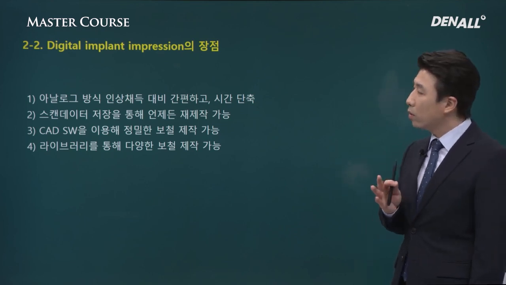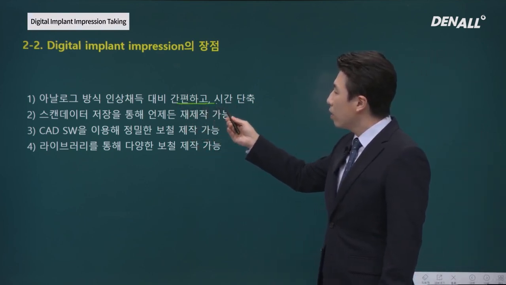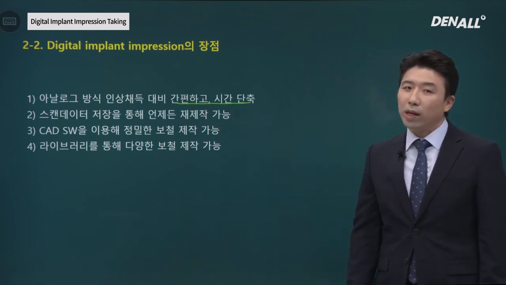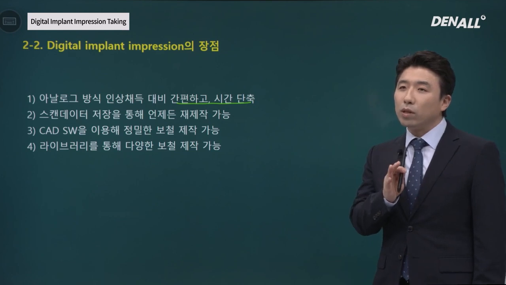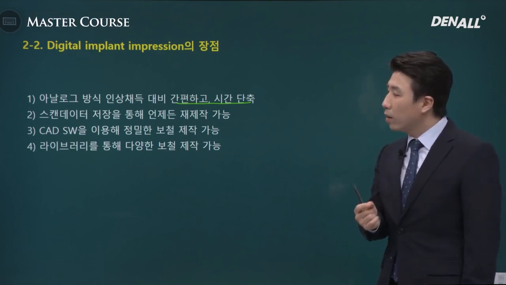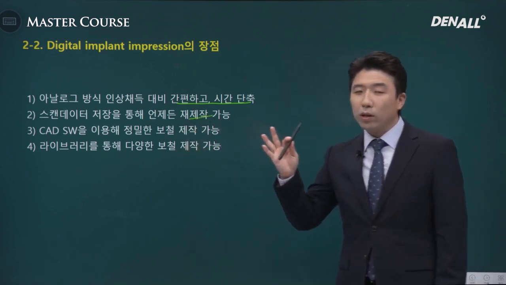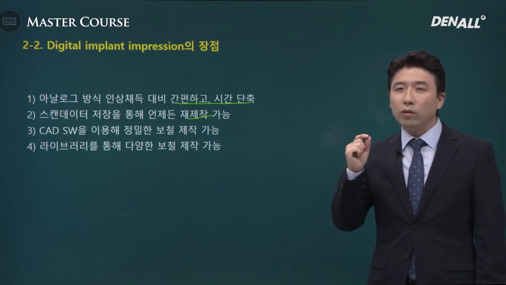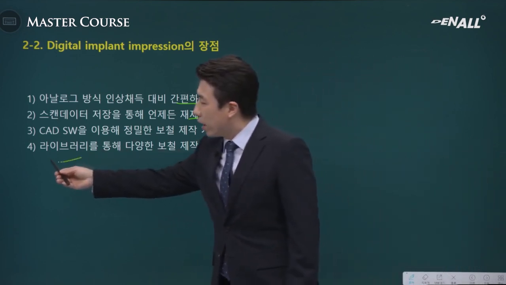Digital impression taking, compared to the analog option, is very simple and saves time, and scan data remains, it is saved. So for refabrication, when something breaks, that can be used again, a great advantage. A CAD software is used, so whatever we want can be implemented easily.